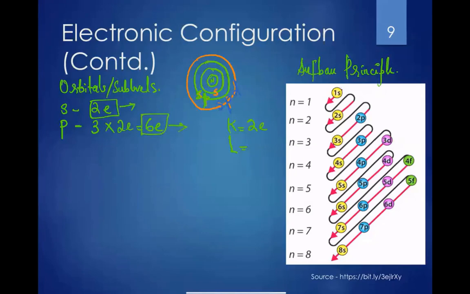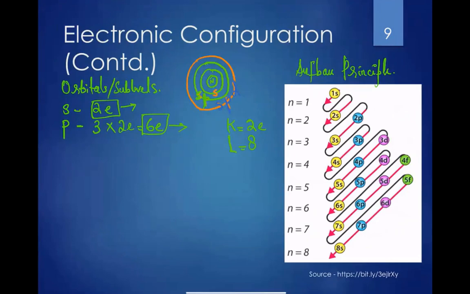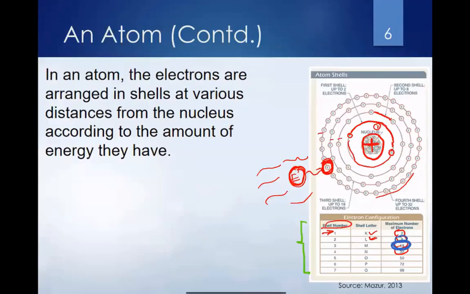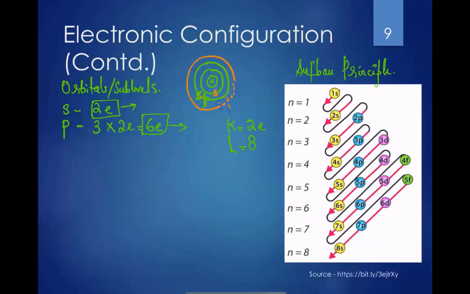If you add 6 plus 2, you get 8, right? And that's what you had in the previous slide, where L can have a maximum of 8 electrons. Now, you also have another orbital, which is D.